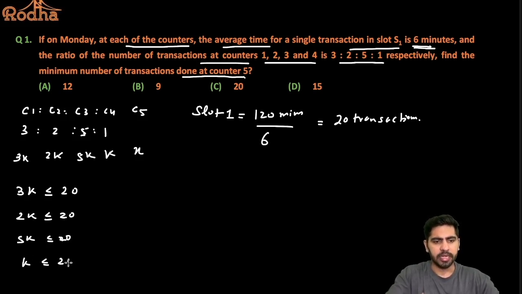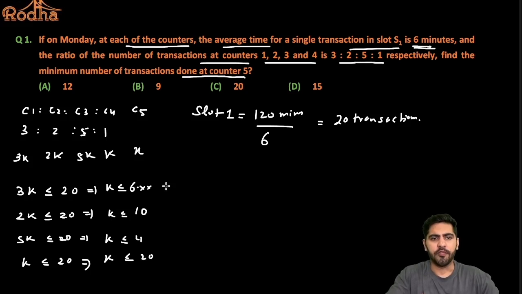So from here I'll be getting different values of K. K should be less than or equal to 20 by 3, that is 6 point something. I'm not getting to the exact figures. Here K should be less than or equal to 20 by 2, that is 10, and here K should be less than or equal to 4, and here K should be less than or equal to 20 itself. So these are the values of K here.